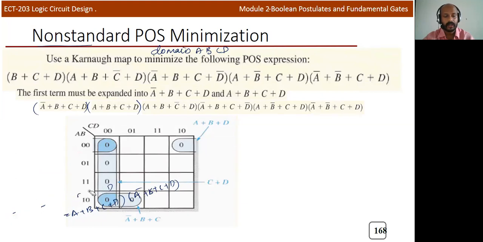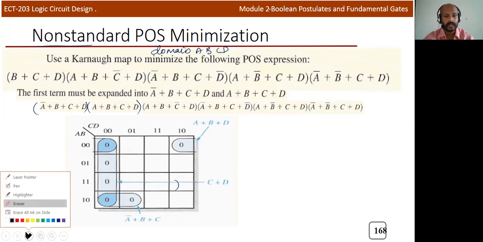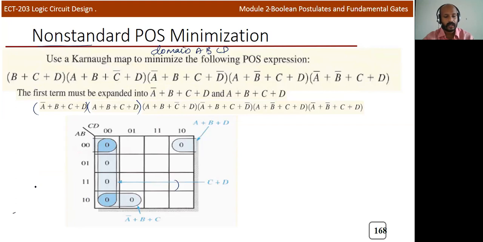Now we can look at this K-map. I think all the values are indicated in this K-map. For that, we need to write the sequences. So here it is A bar B C D. We need to write the binary equivalent of that. It is in POS form, or max term, so make sure that you are writing the binary sequence for the corresponding max term. So A bar means 1, here it is 0.